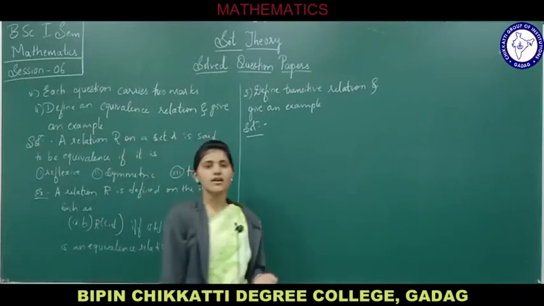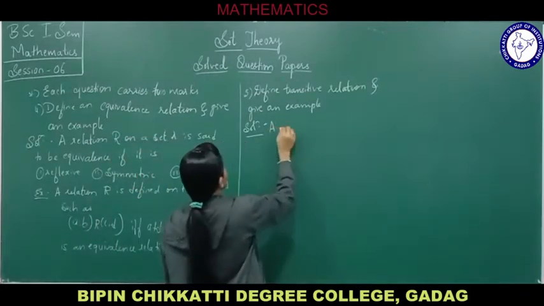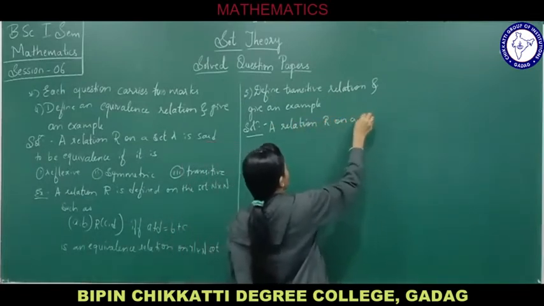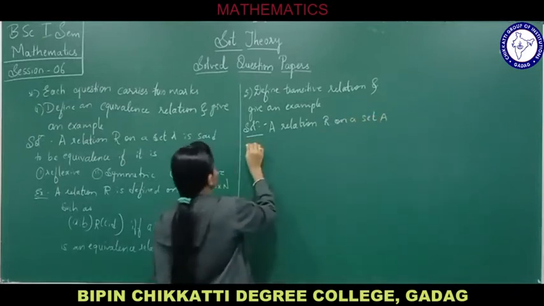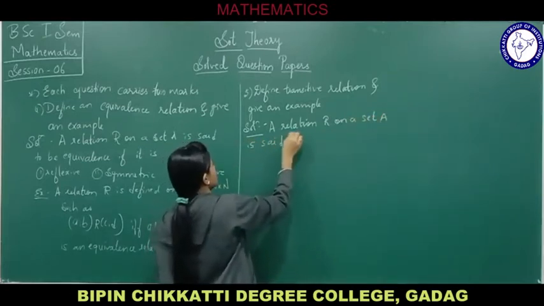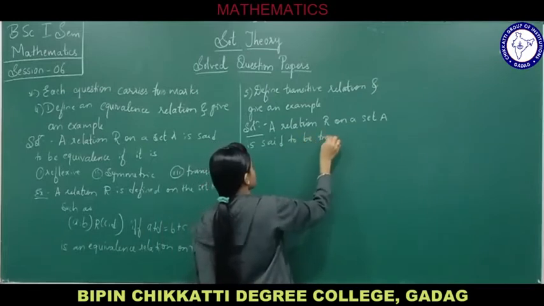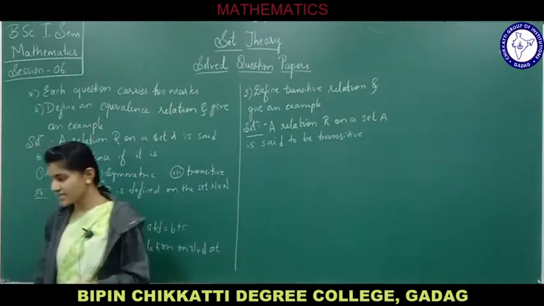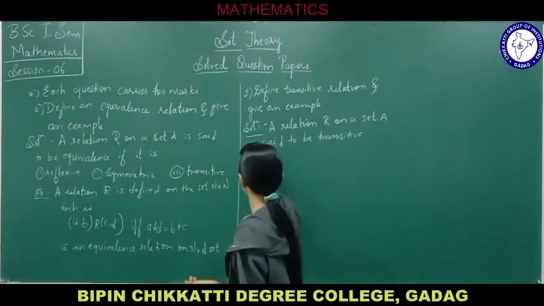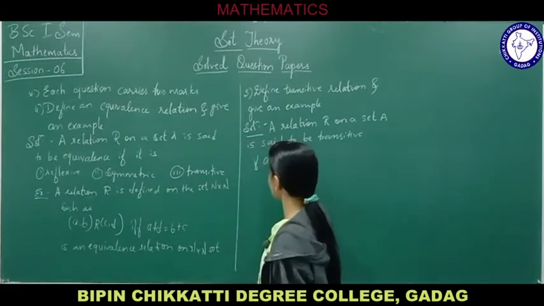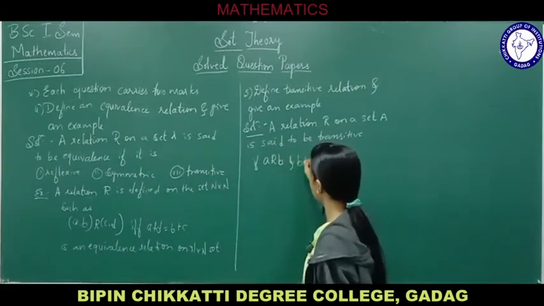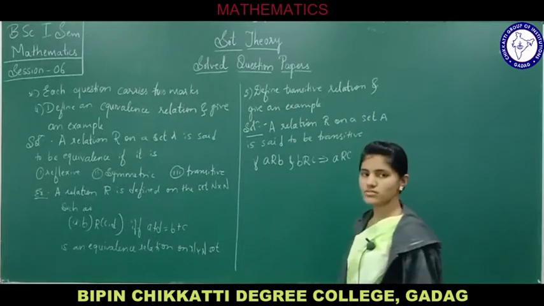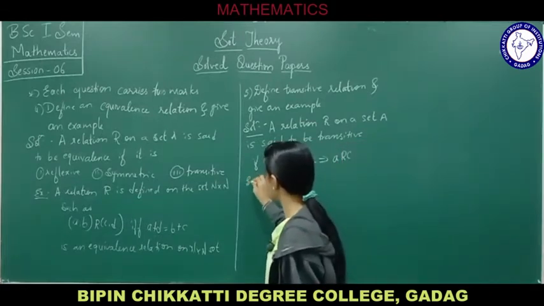A relation R on a set A is said to be transitive if A is related to B and B is related to C, then A should be related to C. Let us consider one example.